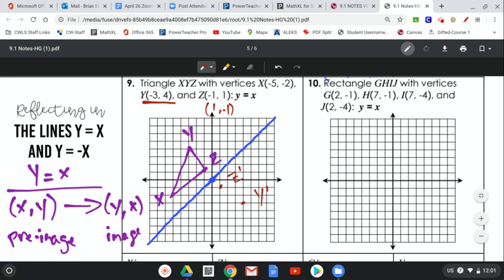And then for x, all we got to do is switch the coordinates to -2, -5. And if we do that, -2 and then -5 is, right, -2, 1, 2, 3, 4, 5.